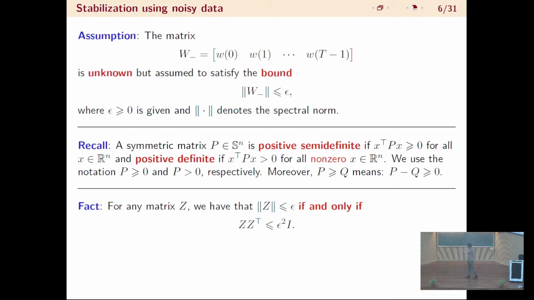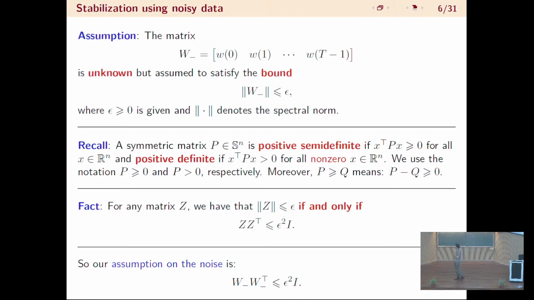In fact, the norm of Z is less than or equal to epsilon if and only if Z times Z transpose is less than or equal to epsilon squared times the identity, which means epsilon squared times the identity minus Z Z transpose is positive semi-definite. And we'll work with this condition later on. So if I plug in that fact in our noise model, then you see that basically our assumption on the noise becomes like this. W minus times W minus transpose is less than or equal to epsilon squared times the identity matrix.